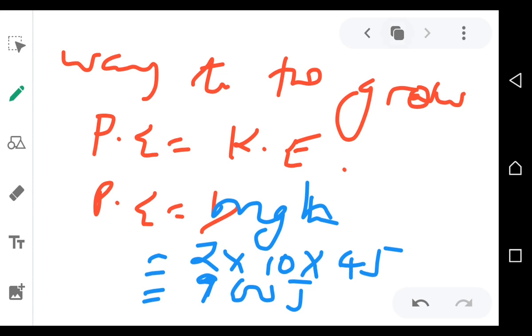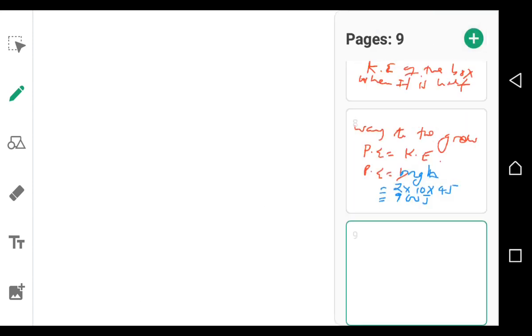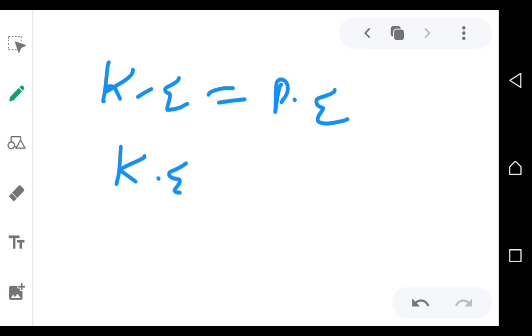And then we asked, what is the potential energy when it's halfway? Since potential energy is the same as kinetic energy, the kinetic energy is also 900 joules.